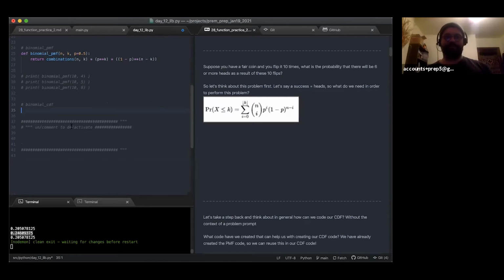Cool. All right, so on to our CDF. Our binomial_cdf will take in n, k, and p again. We'll default p to 0.5.